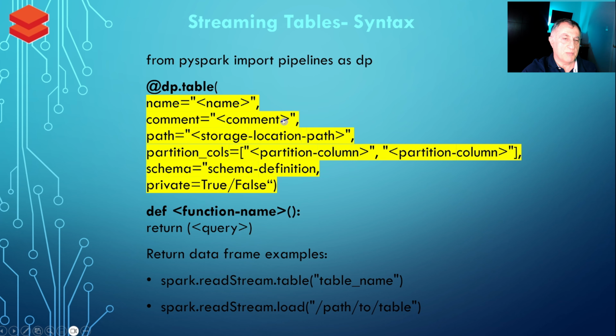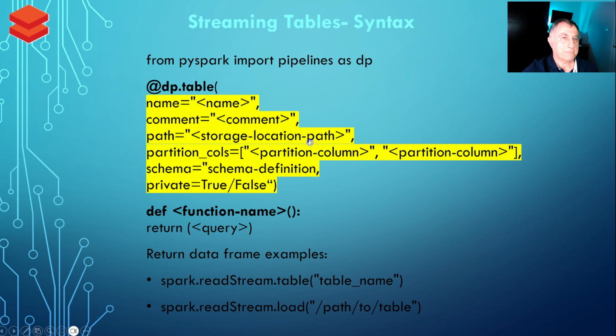For example, you can specify the purpose of this table or the medallion zone associated with this table. Path is another optional attribute. By default, if you don't specify path, your streaming tables will be created as managed tables.